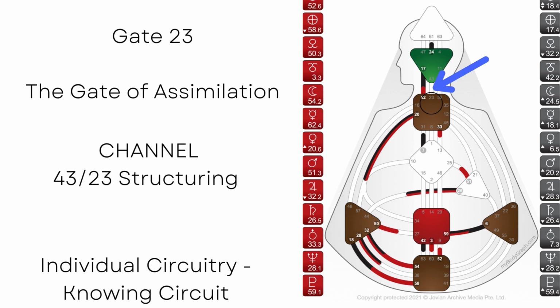All right, let's shift into the gift frequency of the 23rd gene key, or Gate 23, the Gate of Assimilation. This energy is about simplicity. So we had the shadow and complexity. The gift frequency is all about keeping it simple. Gate 23 is able to keep things simple, precise, clear, and clean in its communication and experience.